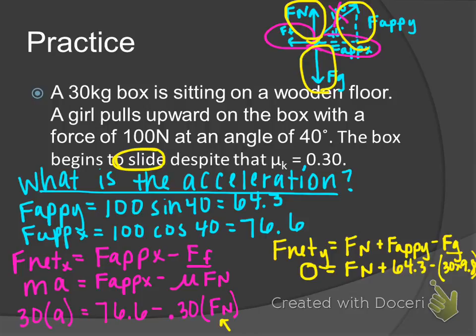So 64.3 minus 294 gives me what value? 229.7. So our final step to solve for the normal force would be adding that to the other side, which would give us a normal force value of 229.7.